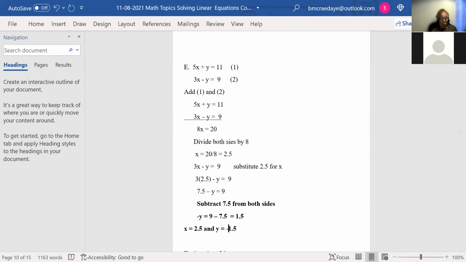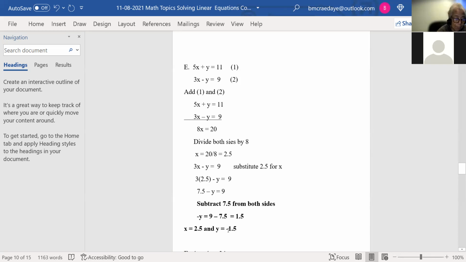If we put the minus in, 5 times 2.5 is 12, and then minus 1.5 would give you 11.